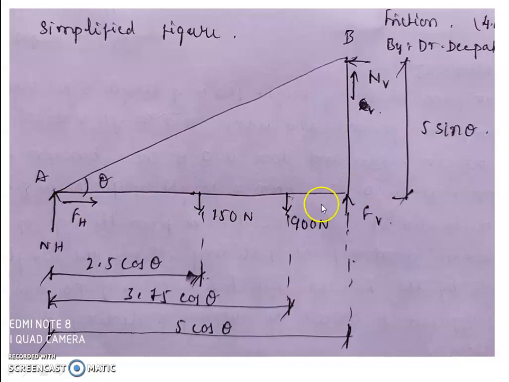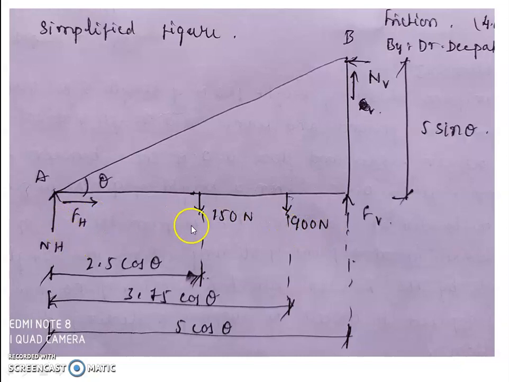I represented it in this line and transferred this load here. This is also acting downwards, hence it is minus. Friction is acting here; I took it here by the same line of action, or by law of transmissibility, and it is acting upwards, hence FV is positive. These are the only 4 forces acting vertically, or in y direction.